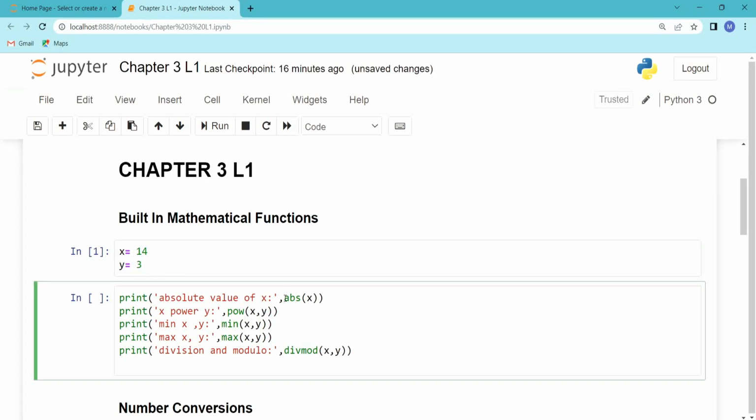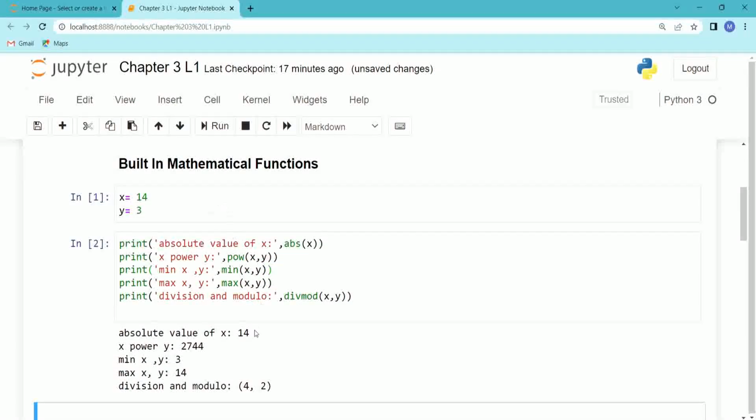Now, let us print the absolute value of x, power of x comma y, minimum between x and y, maximum between x and y, and divmod. This is a special built-in mathematical function which provides the division value as well as the modulo, that is quotient and remainder. Okay, so let us look at the answers.